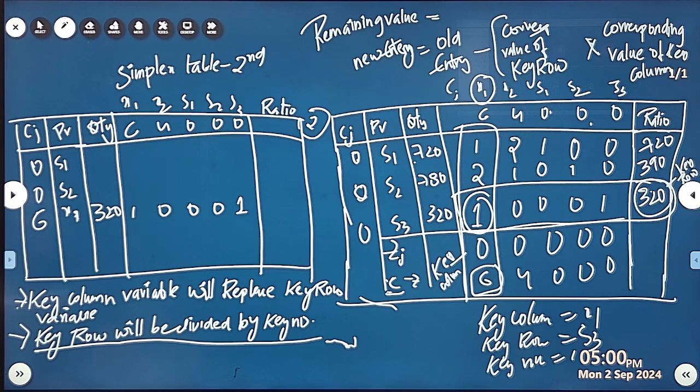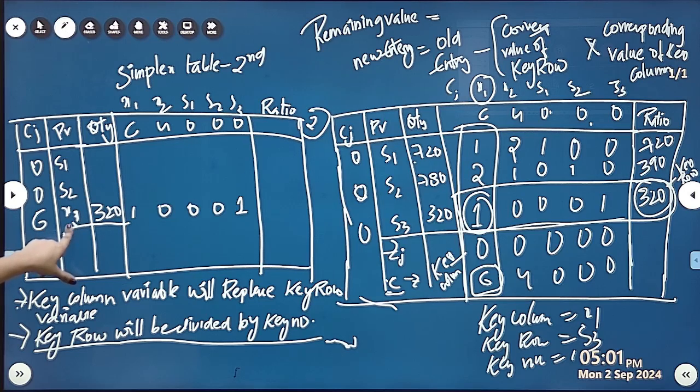So next, the remaining values, what we need to do for remaining values? Not getting? Here what he said, key column variable will be replaced by key row. So key column is x1. Key row is s3. So s3 should be replaced by x1. So we have written x1 here.